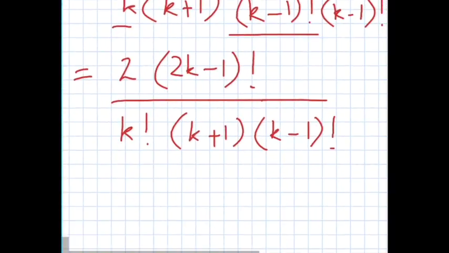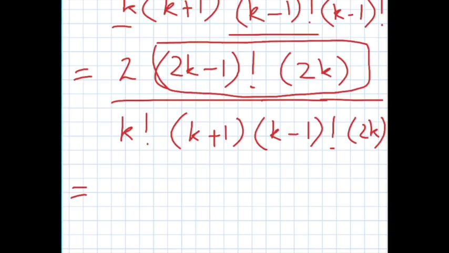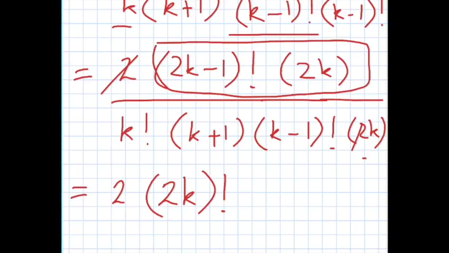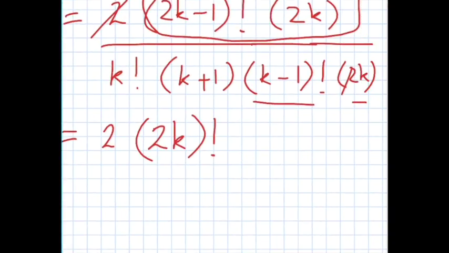Remember that in the numerator I want to have 2k factorial, so I will just multiply and divide by 2k. This 2 is just here, this will be 2k factorial, and then this 2 will go away with this 2. Then this k and k minus 1 factorial will be k factorial.